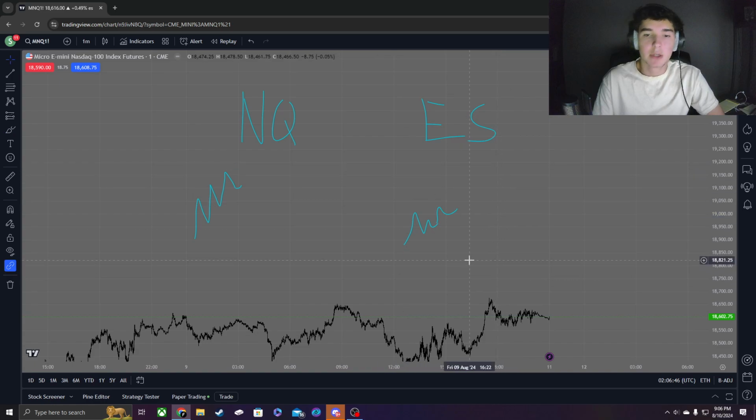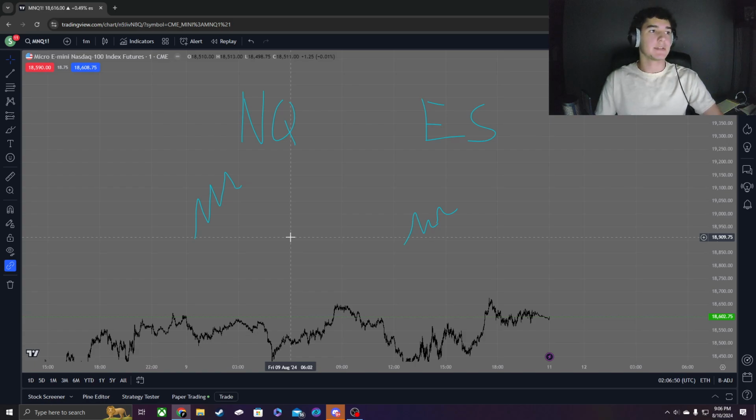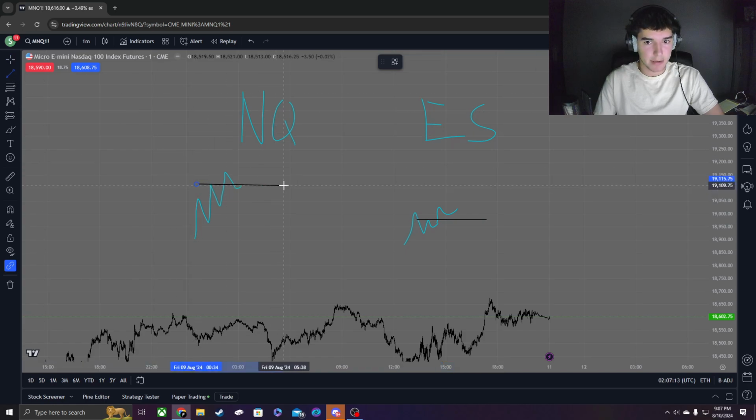The general idea is that you need to find the index that's lagging behind the other. You can see right here, NQ is still doing what it wants to do, making higher highs and higher lows. ES, although, came up here, came down, and then made a lower high on the second high right here. So right here is a lower high, and right here is a higher high.